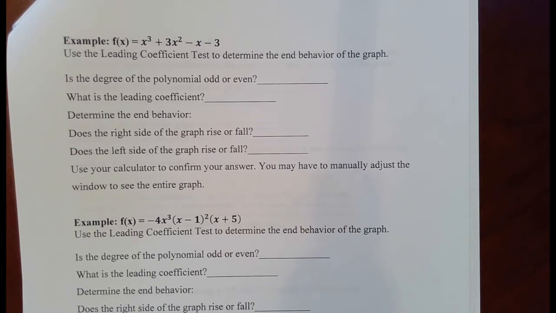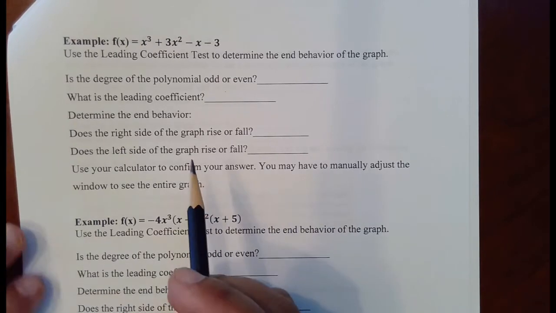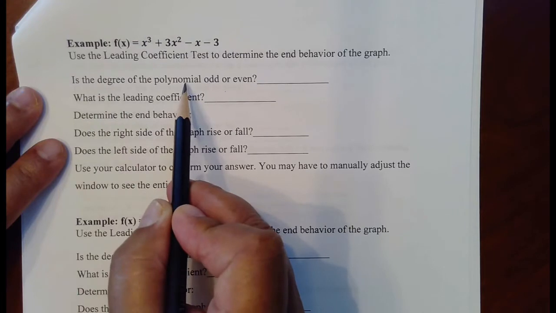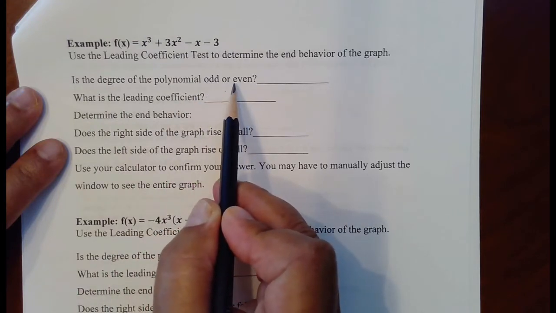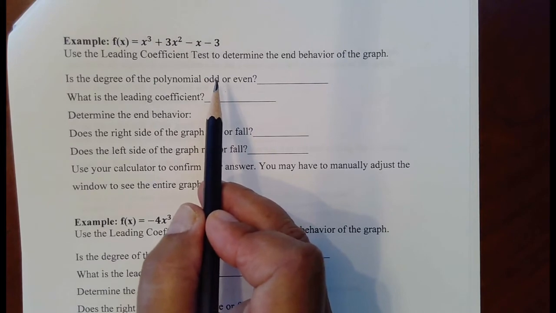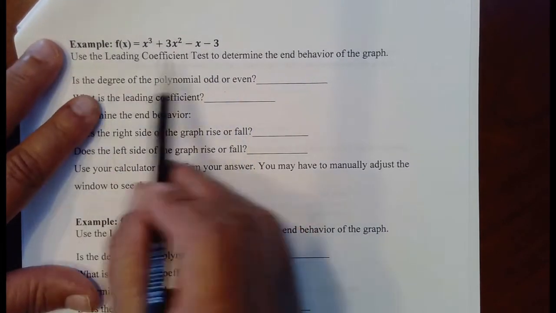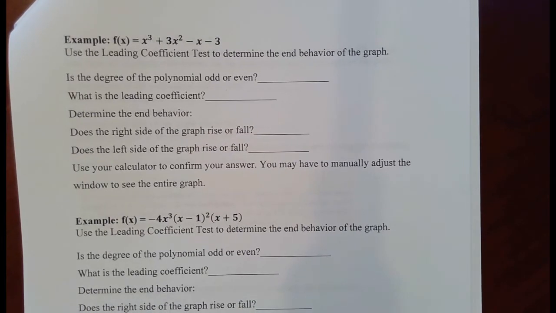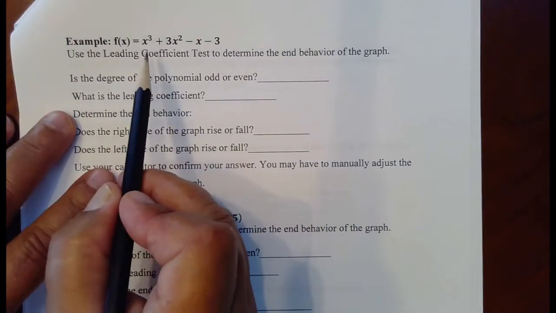Remember, that is based solely on the term with the highest degree. That's all you're going to be looking at, which is simple here because you don't need to multiply anything out to determine what the highest degree is. It's just staring you right there in the face. So is the degree odd or even? There is that highest degree. You can see that it's a 3, so the degree is odd.